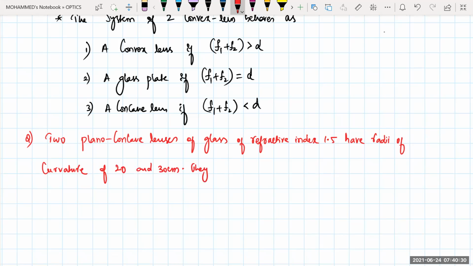They are placed in contact with curved surfaces towards each other.